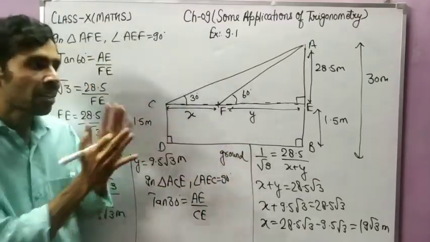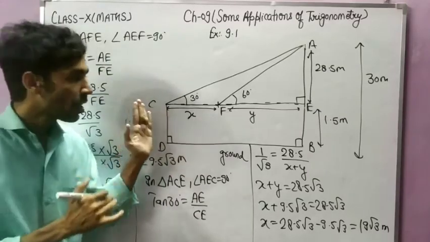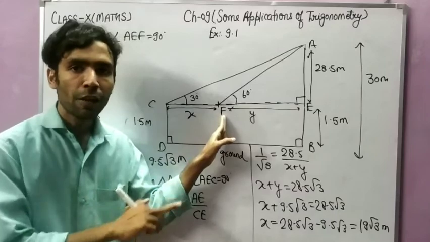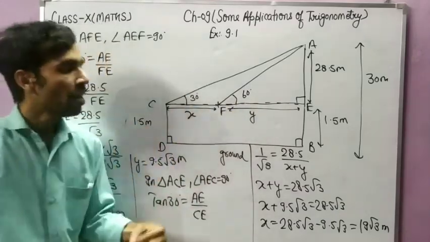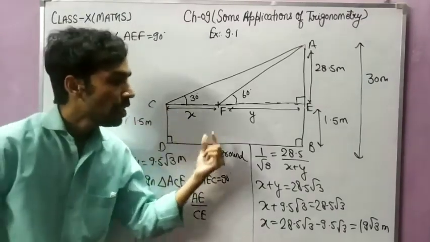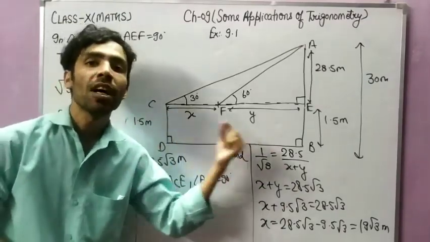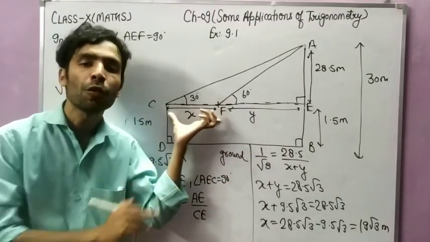Because at the initial position he was at C, and after covering that much distance the angle of elevation becomes 60 degree. So we have to find that much distance. So you will write a boy will travel 19 root 3 meters towards the building. मतलब कि वो इतना distance travel किया building की तरफ, यही हमको find करना था.